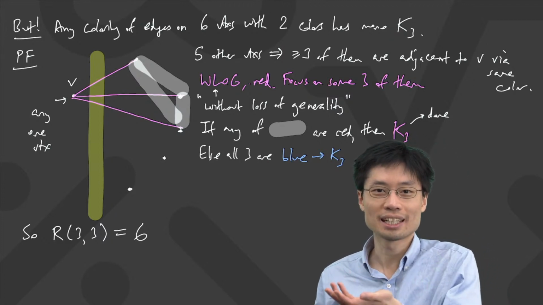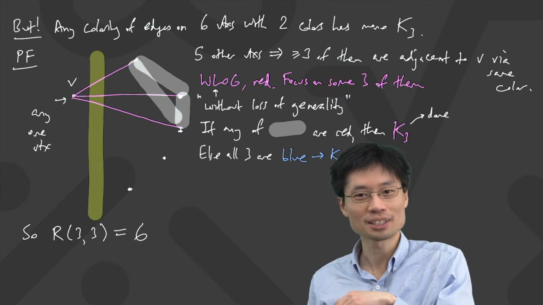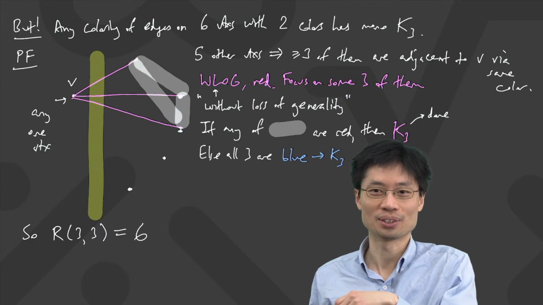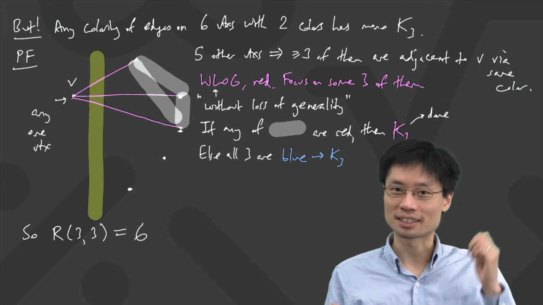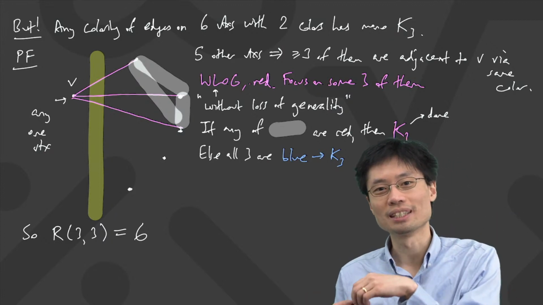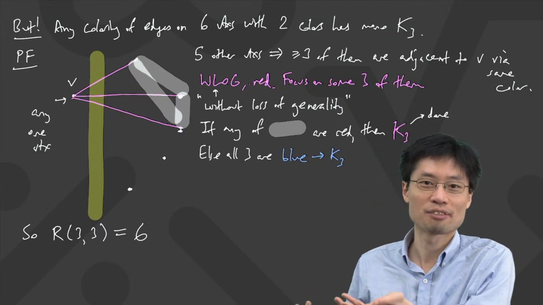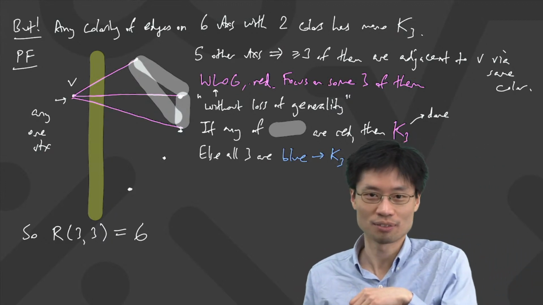But you might say, oh, come on, such small numbers. Let's just do a computer search, right? That can't be too hard. We know R44 is 17, and then there's R55, R66. How hard could it possibly be to do a computer search? R55 is probably somewhere around 50-ish, right?